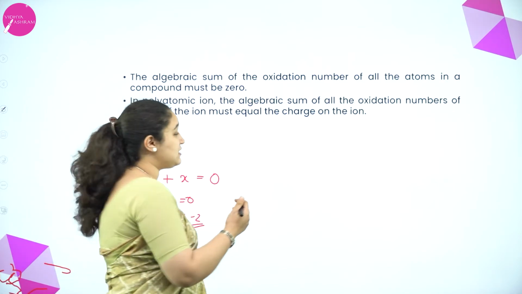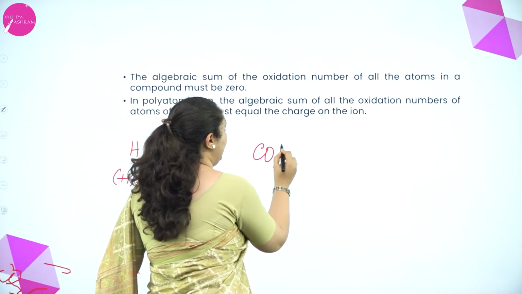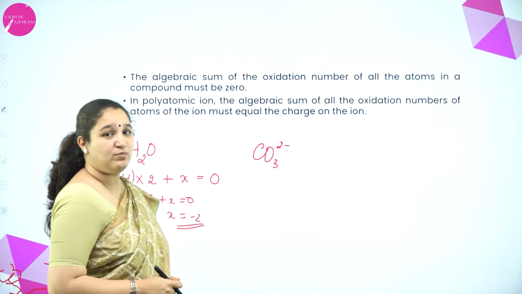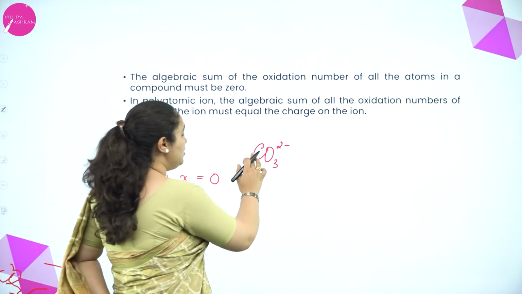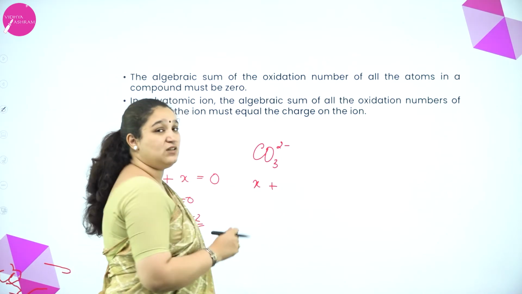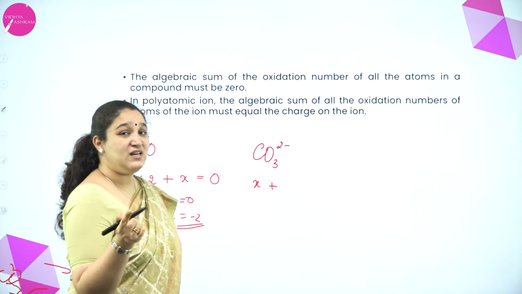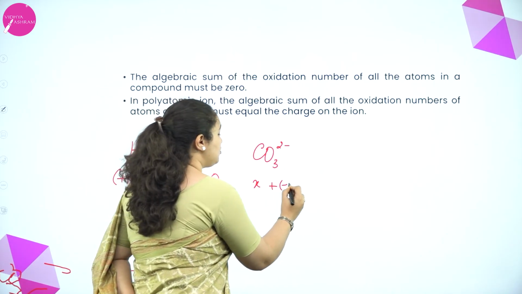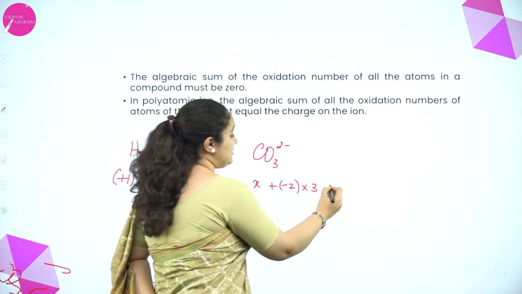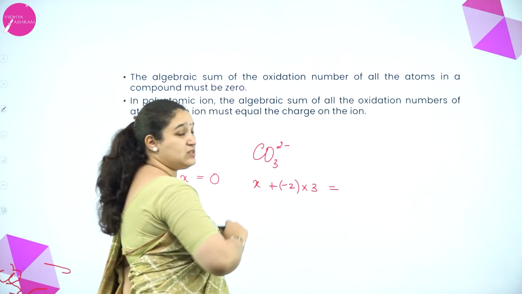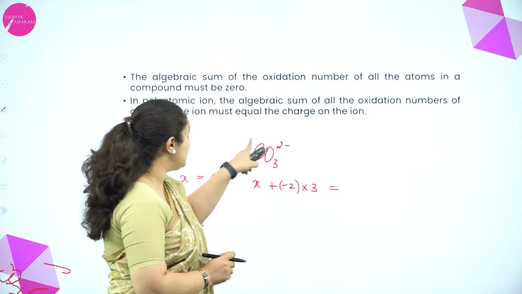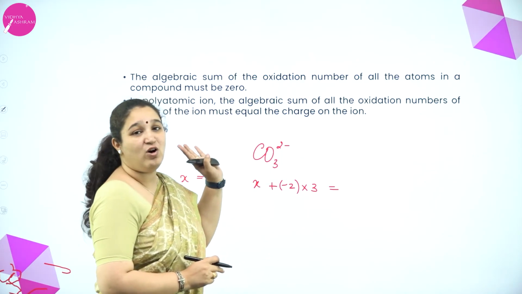Now, for example, the carbonate ion, CO3 2-. I want to calculate the oxidation number of carbon. Carbon is only one atom, so it is X, plus oxygen, which I always take as -2, into how many oxygen atoms? 3. It is equal to, now I can't put 0. Now I have to put -2, because it is a polyatomic ion.